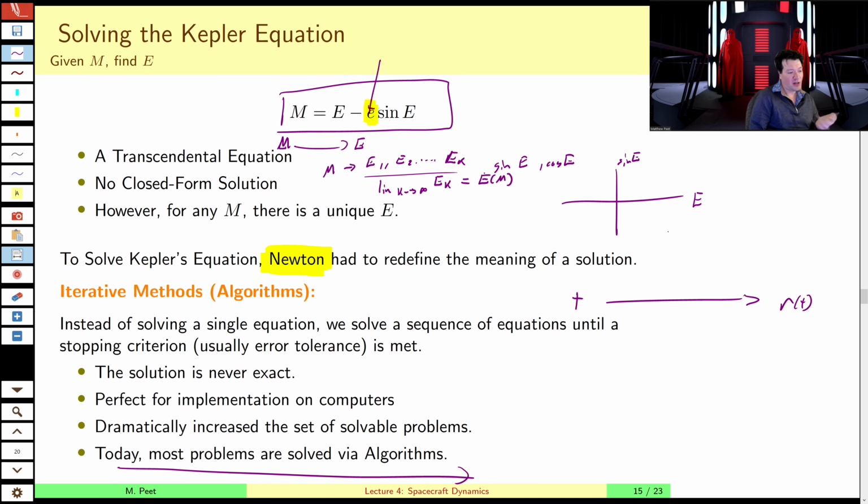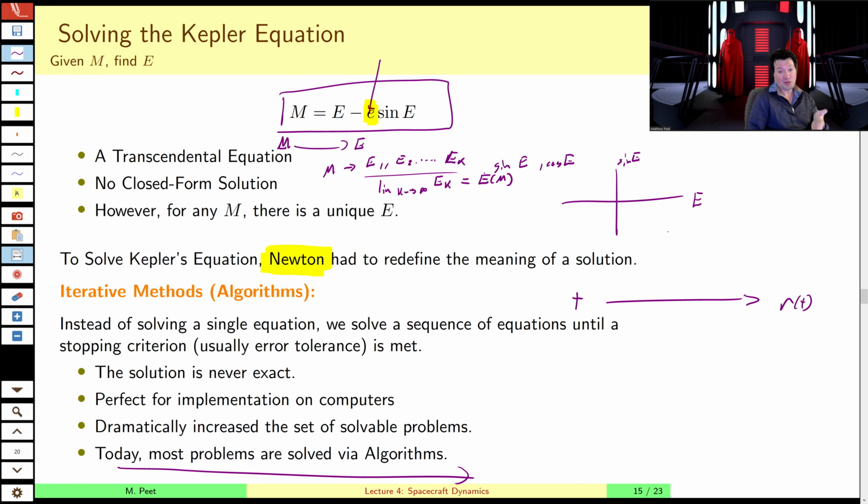But it's hard to underestimate the impact of the invention of algorithms or iterative methods for calculating the solution to mathematical problems such as this. You might even consider this the birth of numerical methods.